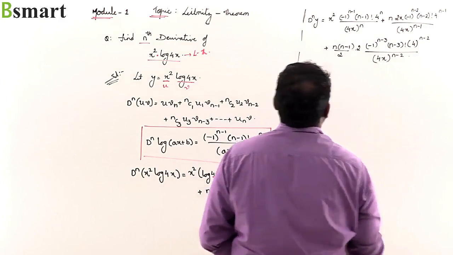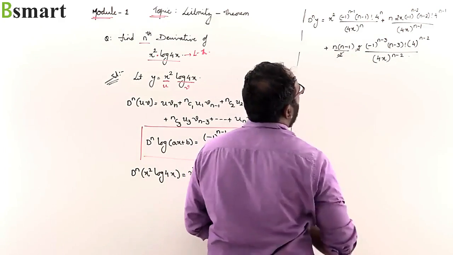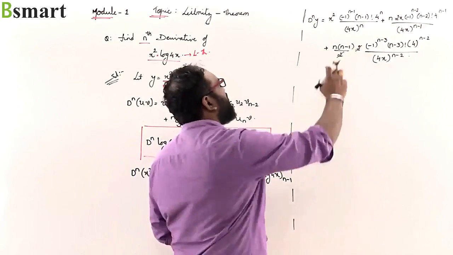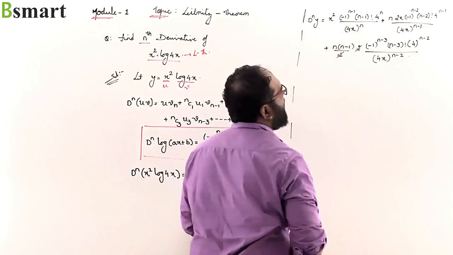Then if we simplify these terms, the 2 will get cancelled. If we take out 4 common, the powers of 4 will get cancelled.